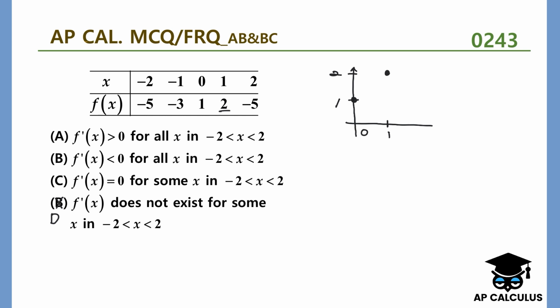We could have a strictly increasing function like that, or we could have a function that increases like that and decreases from here. Do you guys see what I'm saying here? So we cannot conclude that f prime is positive for all x in this interval, especially from -2 to 2. We cannot conclude that f prime is always positive, right? So A is not true.